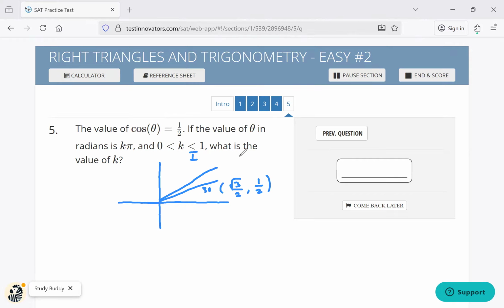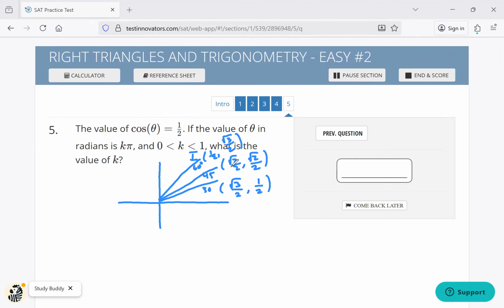45 degrees has an x coordinate of radical 2 over 2, comma radical 2 over 2. And then the 60 has an x coordinate of 1/2 and a y coordinate of radical 3 over 2, right? So how I know is it's always flipped.